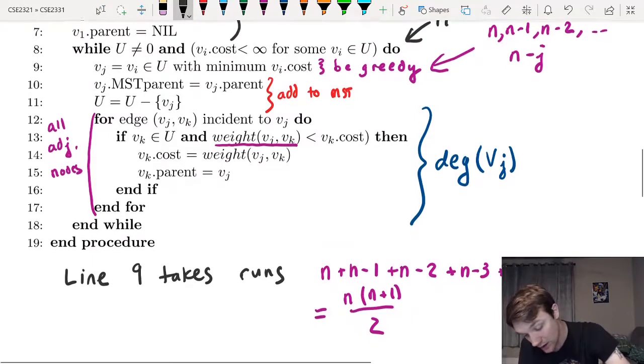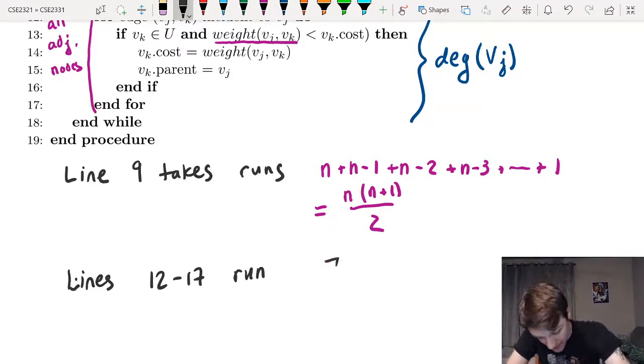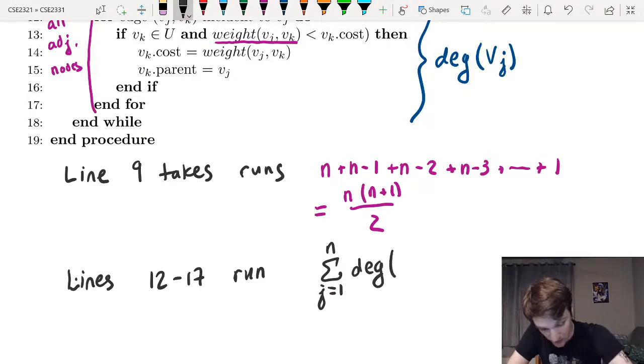Then lines 12 through 17 run the sum from j equals 1 to n. For every single vertex, we're going to run through the degree of v sub j, no matter what.